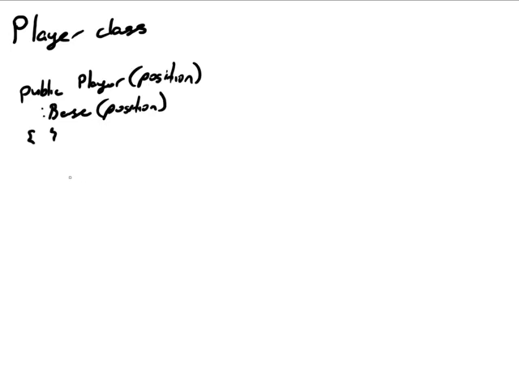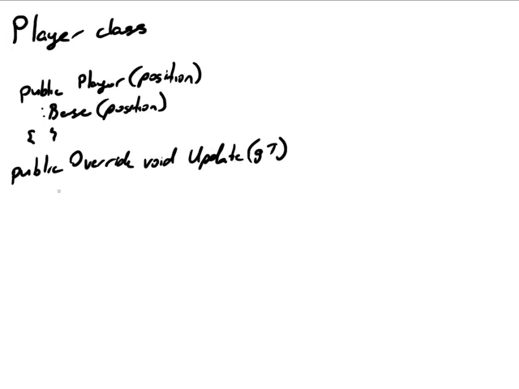But now, that's all it's going to do. We'll have our update call, public override void update, taking in our game time, which we'll need later on for animations, and we'll make the player move.